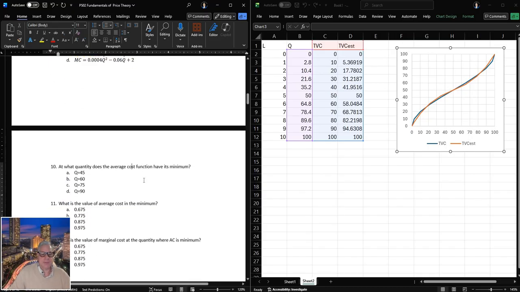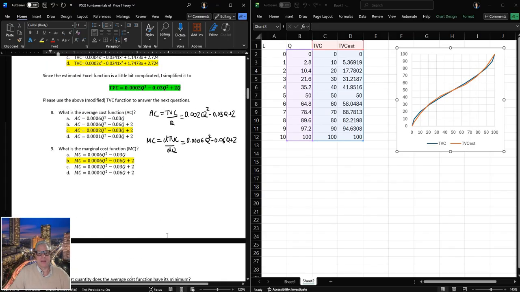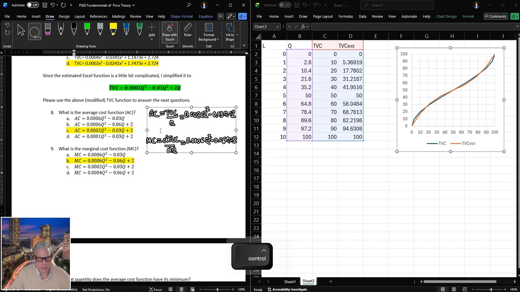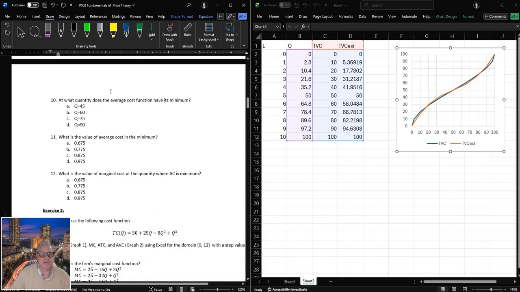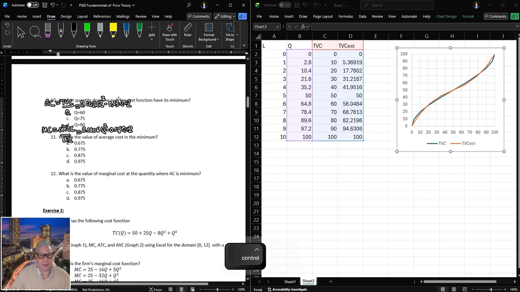Okay, at what quantity does the average cost function have its minimum? Okay, so in this case what I want to do is, let's copy them to the next page. So we have them here as well. Or I put them somewhere here.